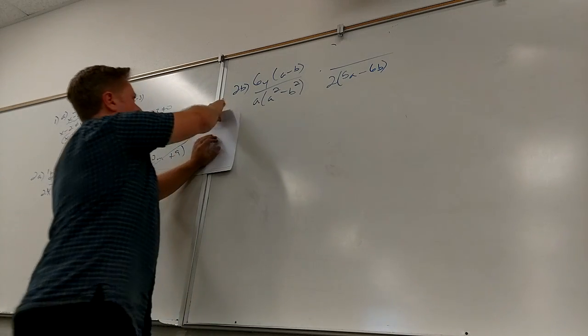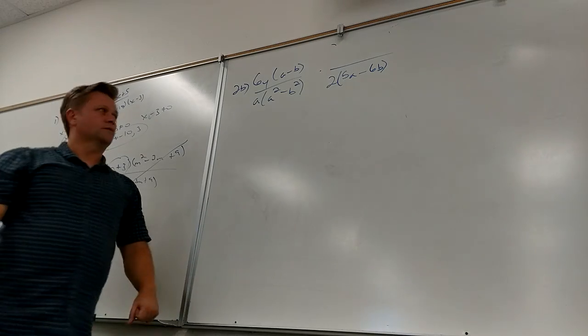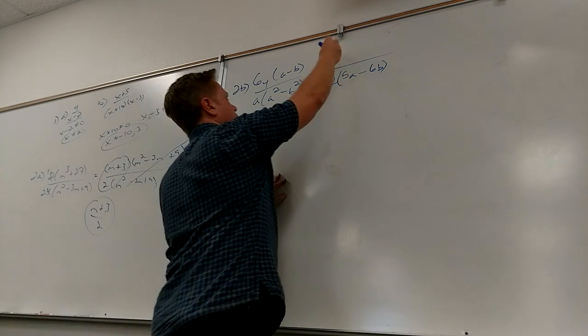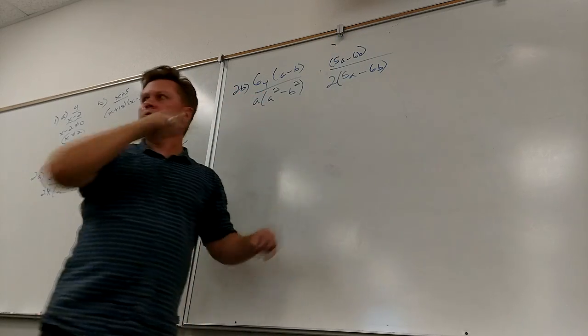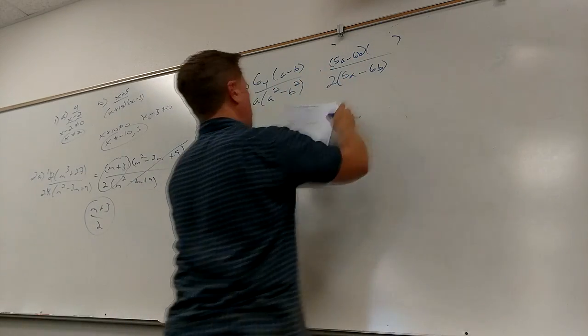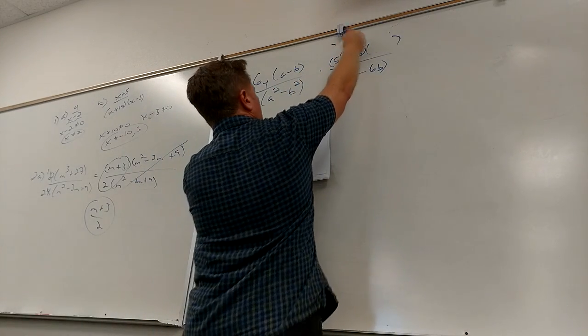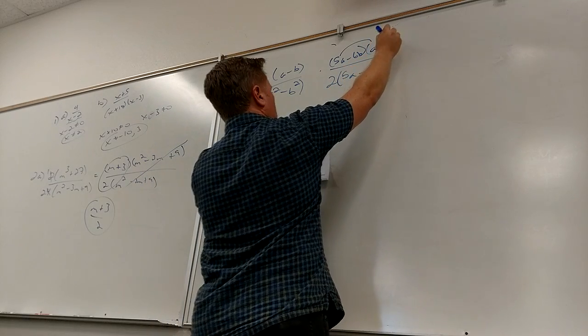Now watch this. I don't know if you guys remember the little shortcut I told you about. I'll bet you anything that this top has got a 5a minus 6b. Am I certain? No. But if it did, what would this have to be so that it comes out to be 5a squared? It'd have to be a minus 6b squared, so it'd have to be plus b.